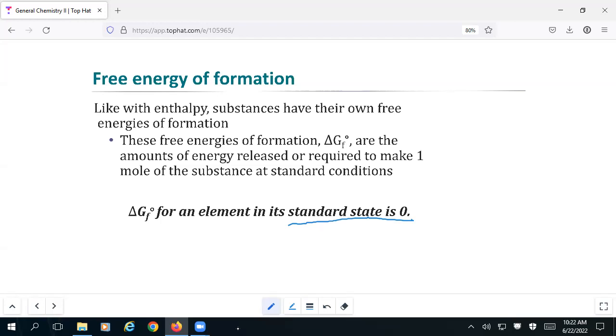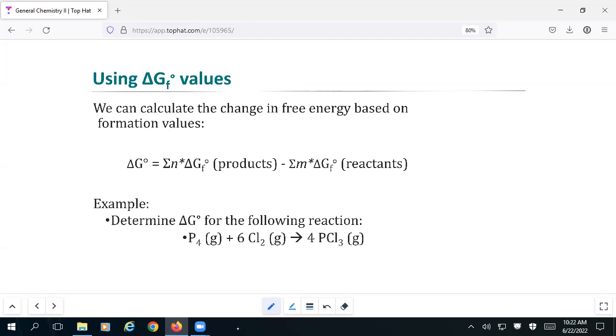But what it allows us to do is, again, a very familiar form of equation here. The free energy of a reaction is equal to the sum of all of the free energies of formation for the products minus all of the free energies of formation for the reactants.